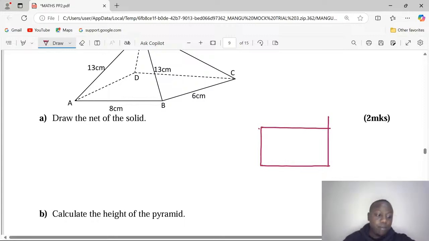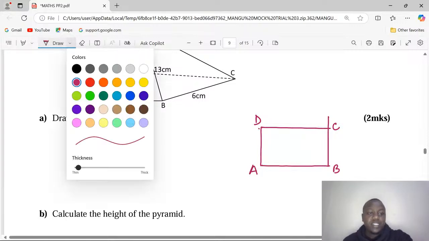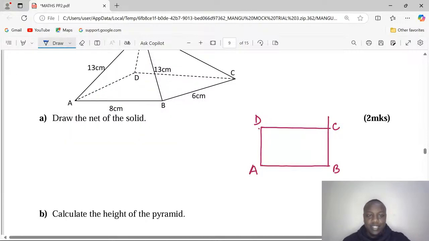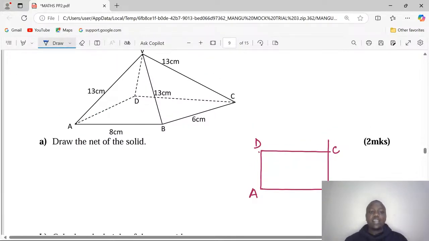It's also good to label a net. In this case, we will have A, B, C, D.